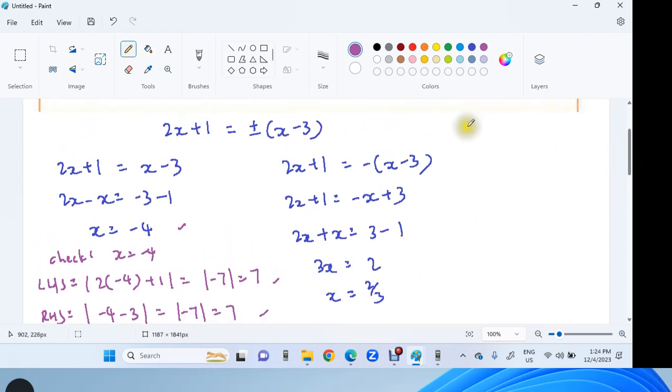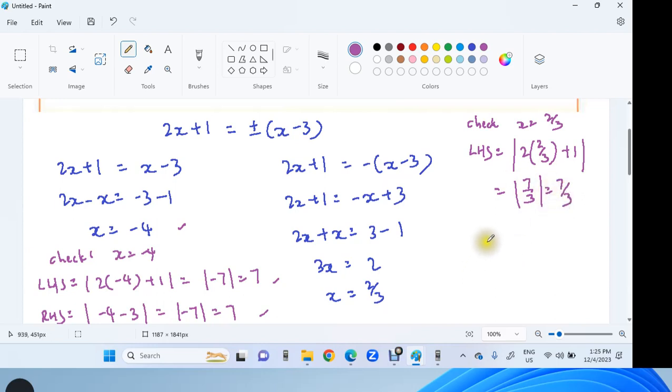For 2 over 3, we check x equal to 2 over 3. The left hand side is modulus of 2 times 2 over 3 plus 1, so it's 4 over 3 plus 1, which is 7 over 3.